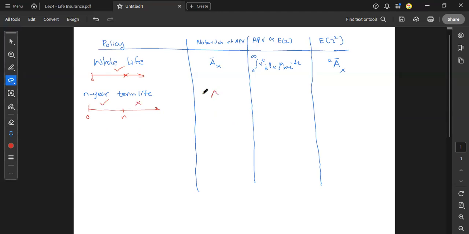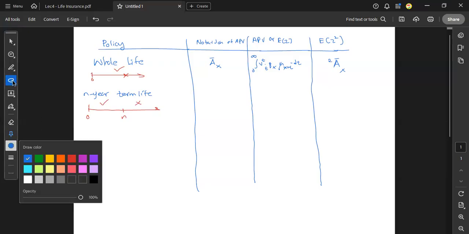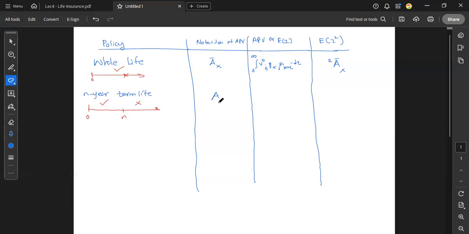And the notation says starting from X, the term goes for n years, continuously paid benefit, and only term benefit, which means benefit is paid between 0 and n. Then integration goes from 0 to n, v^t times p_x^t mu x plus t dt, and the second moment is this.